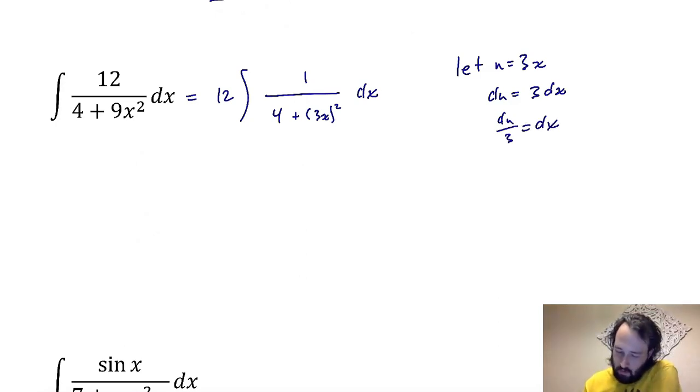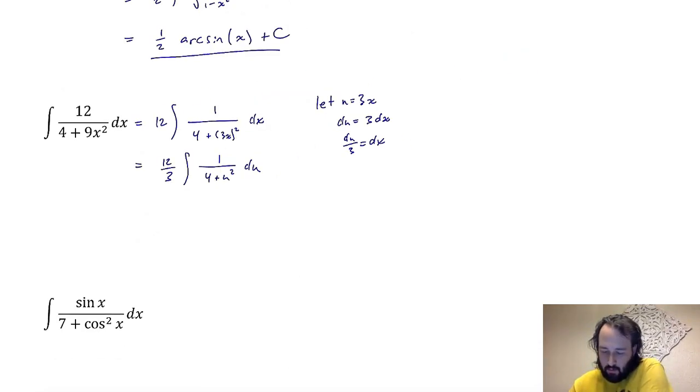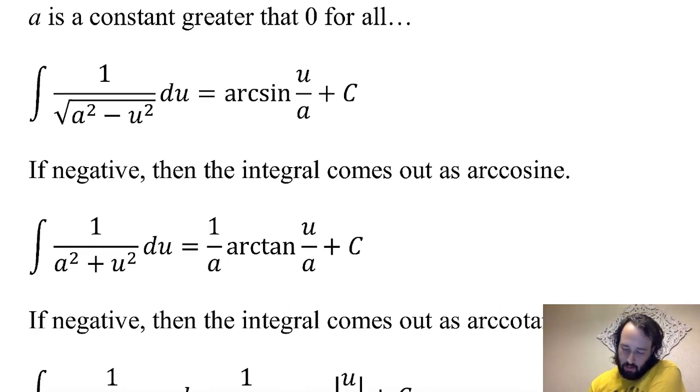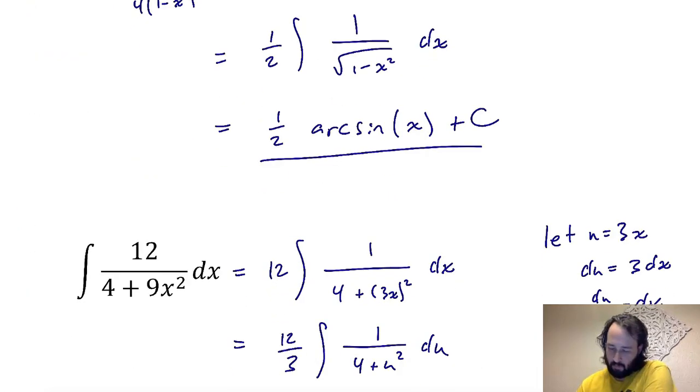So I have 12 over 3, the integral of 1 over 4 plus u squared du. Right, and 1 over a squared plus u squared is 1 over a arctangent of u over a plus c.